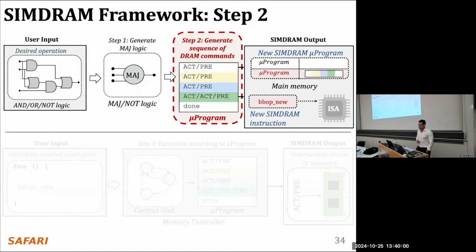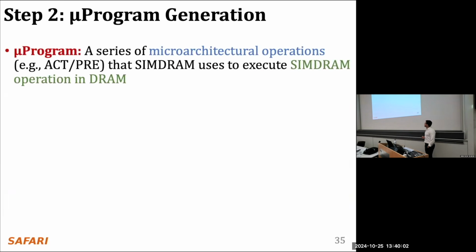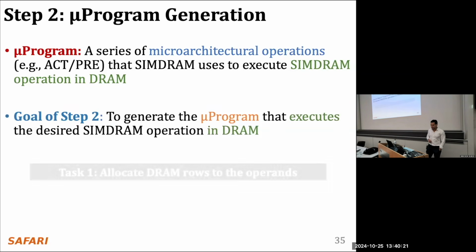So then we move to the second step, and the goal of the second step is to generate this recipe, which I mentioned that we call a microprogram, which dictates how I can implement this majority-NOT circuitry in DRAM using in-DRAM row copies and activations only.